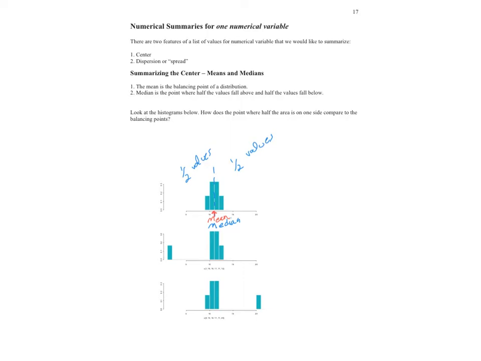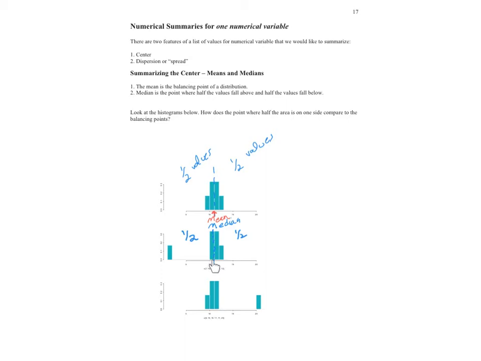But what about this second graph? It's the same number of observations, but I've taken this last group and moved it over. The median is in the same place. We still have half the observations on this side and half on this side, but if you tried to balance it at this point, it would tip this direction.